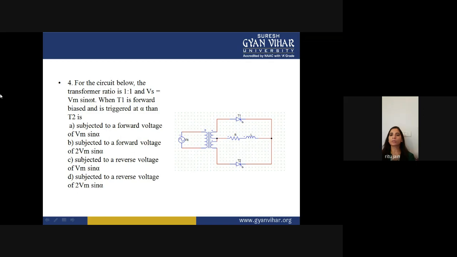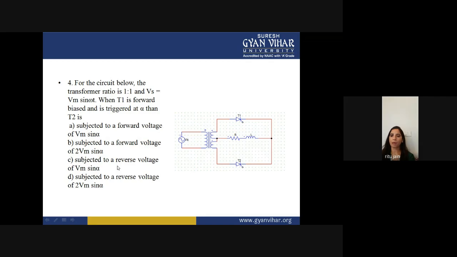When T1 is triggered at alpha, it becomes forward biased and T2 becomes reverse biased. But the voltage which will appear across it will be 2 Vm sine alpha. So the correct answer is it will be subjected to a reverse voltage of Vm sine alpha.